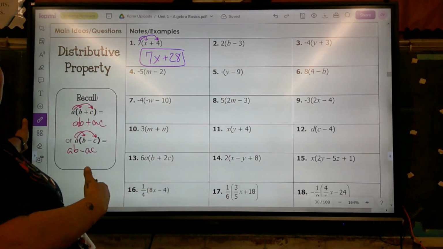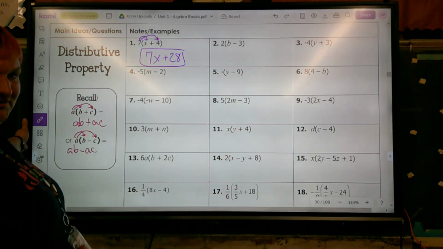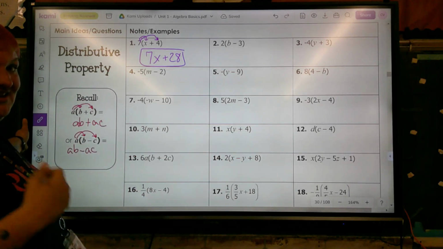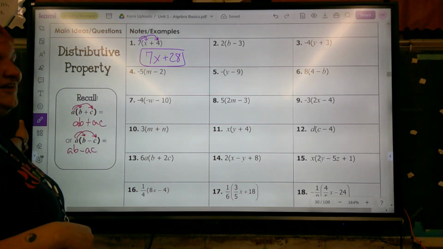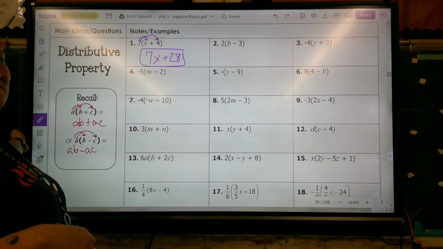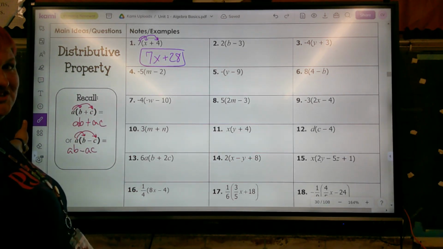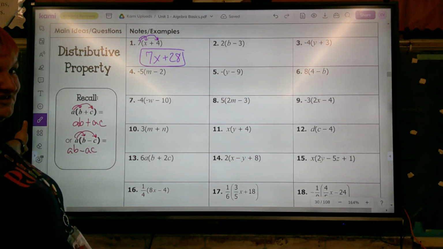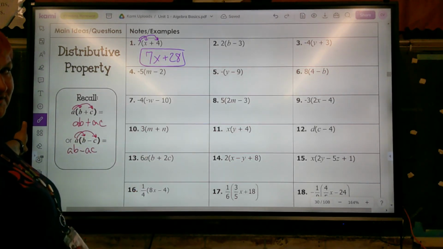So instead we start by distributing what's outside the parentheses to what's inside the parentheses. And if you grasp this concept, it will save you so much drama in the rest of this class, next year, the year after that. This concept is huge through all 3 years of the next math.